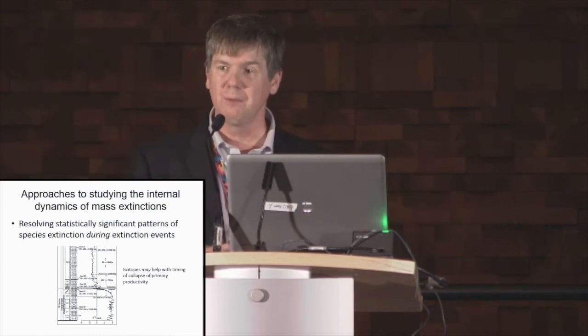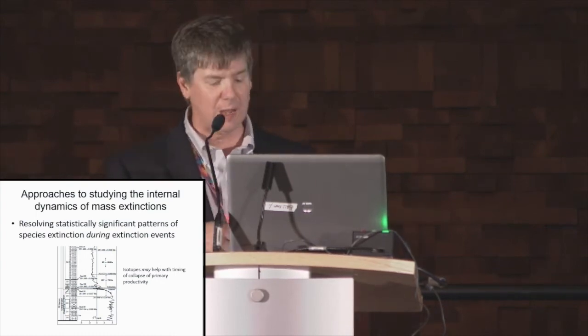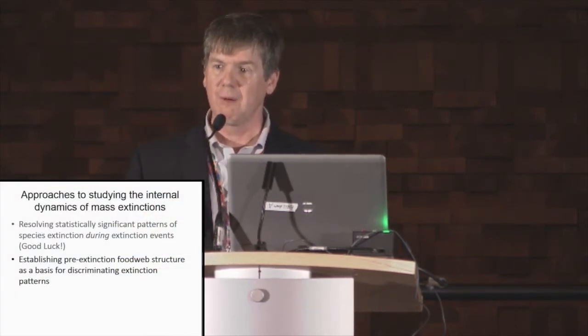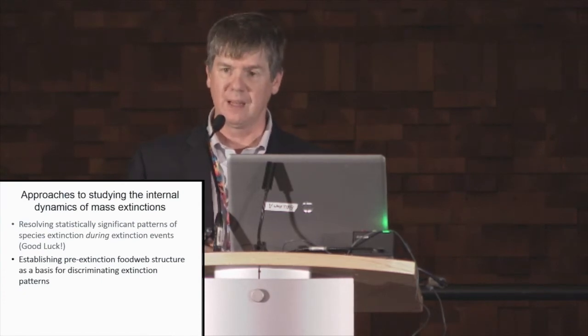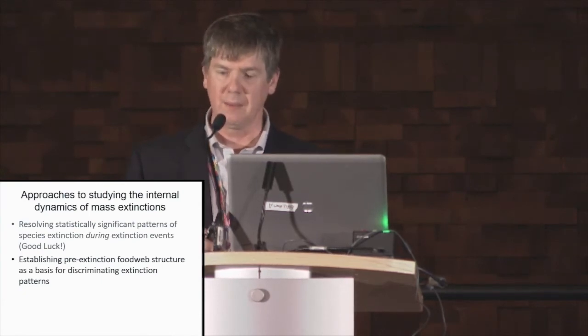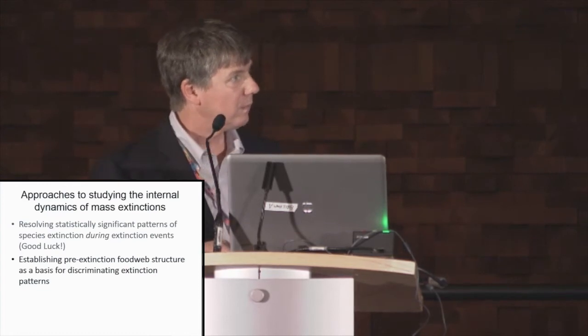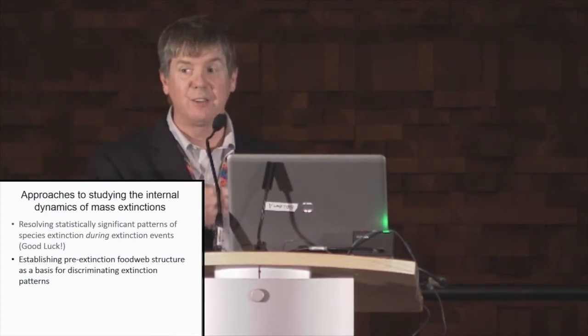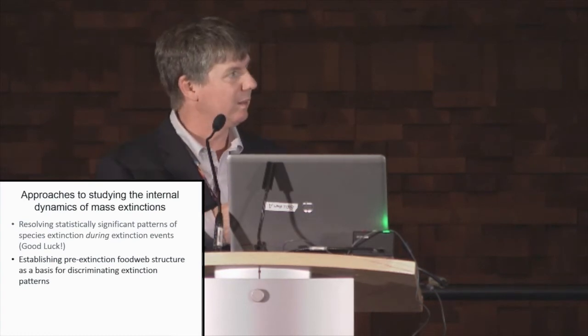It's about 10 times as thick for the same duration of time as Meishan. These sorts of sections with appropriate statistical techniques may actually allow us to begin to understand what the dynamic of ecological collapse is during the events. Although I put good luck up here. Whether or not we can actually resolve time to this level, I think, is unclear.